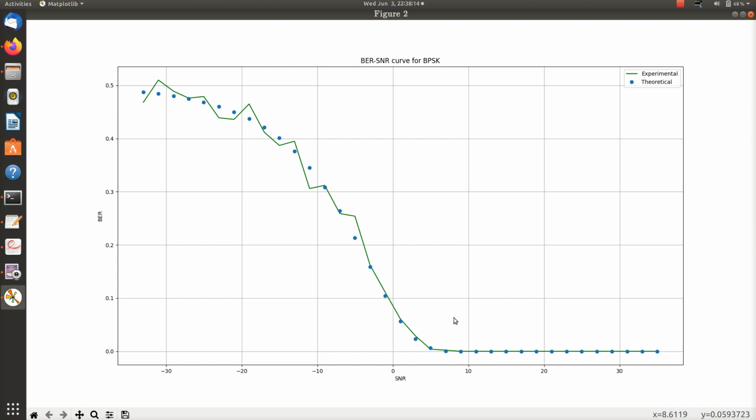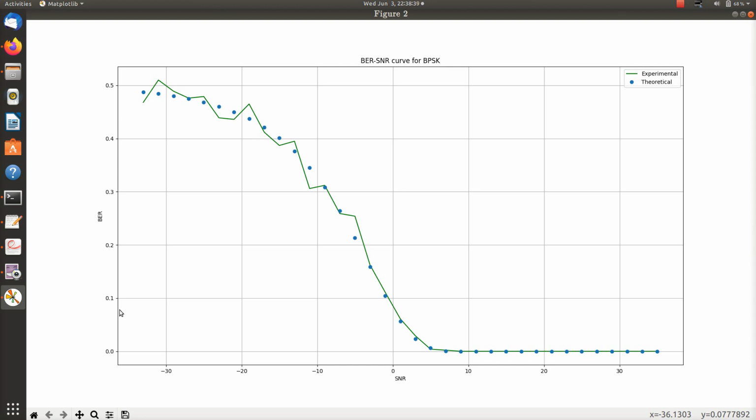I can see that at 0 dB, that is at 0 noise, the bit error rate is much below 0.1, meaning that the system is working well. If it were equal to or greater than 0.5, the communication system would be useless, because with no noise, half of the bits received would be in error.